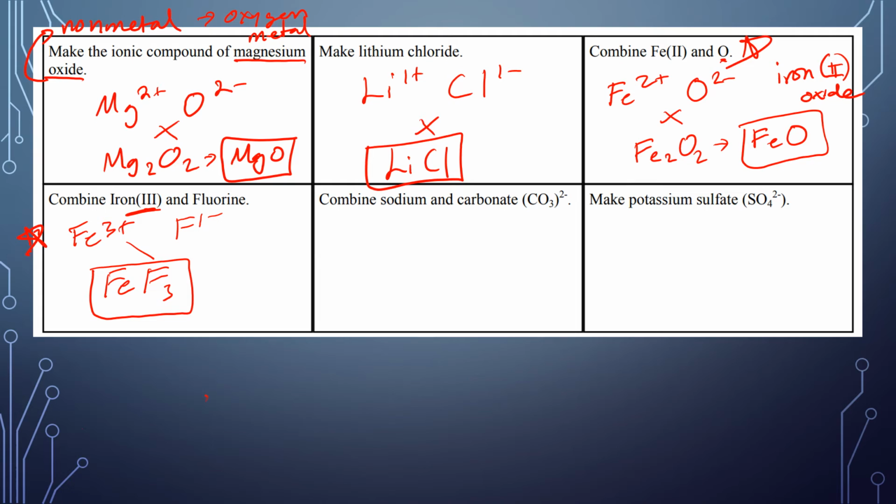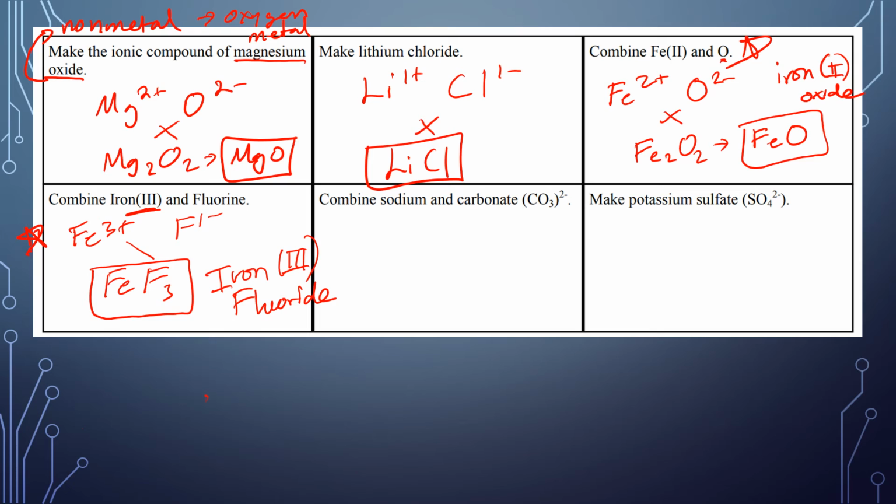So the name, you think that even though you have 3 Fs, that it would be like trifluoride because you have 3. So in reality, because it's an ionic compound, it's just iron 3... oops, iron 3. That's kind of messed up. Iron 3 fluoride.